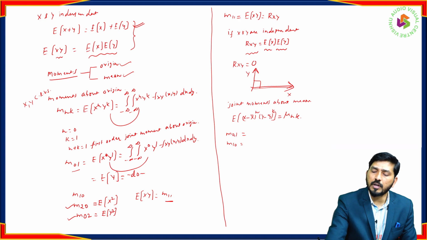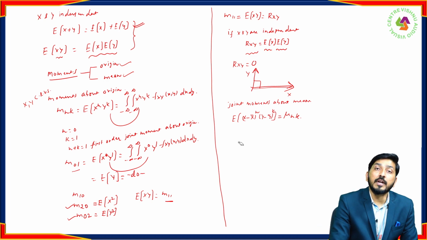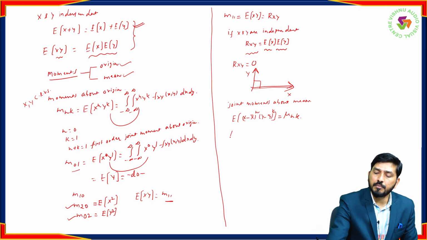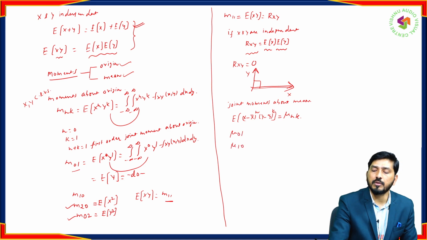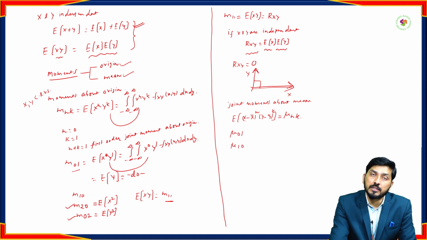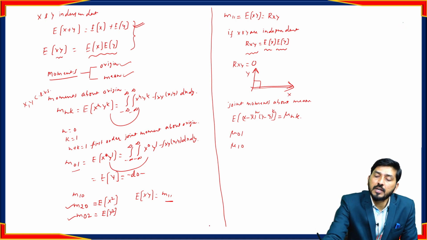This is what we technically call central moments, mu 01 and mu 10. This is first order central moment.